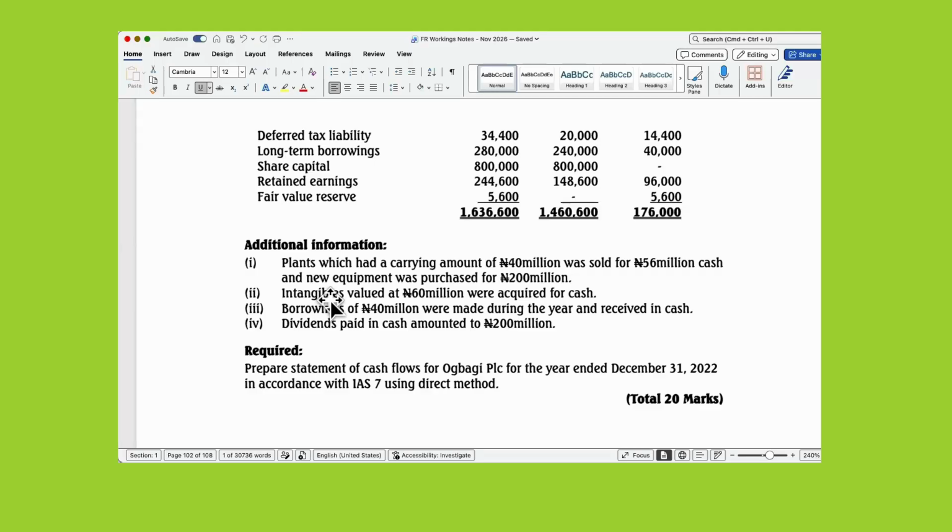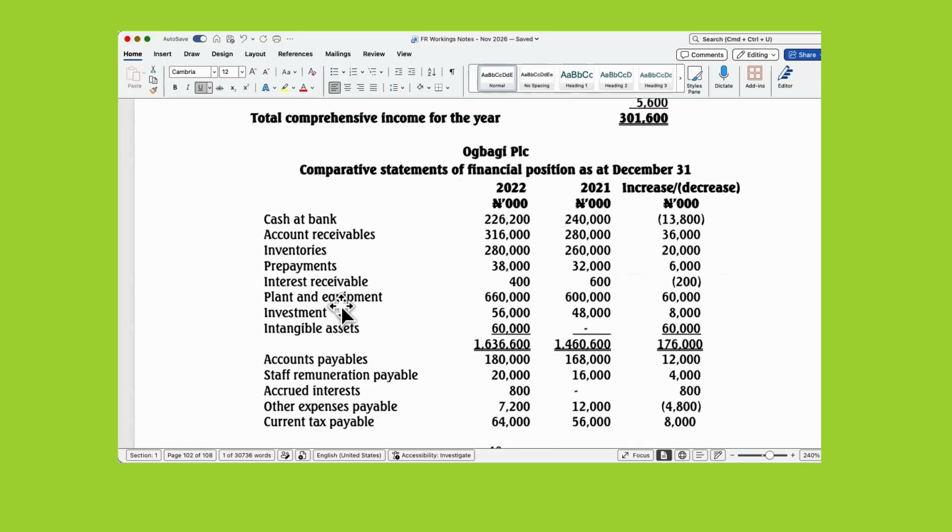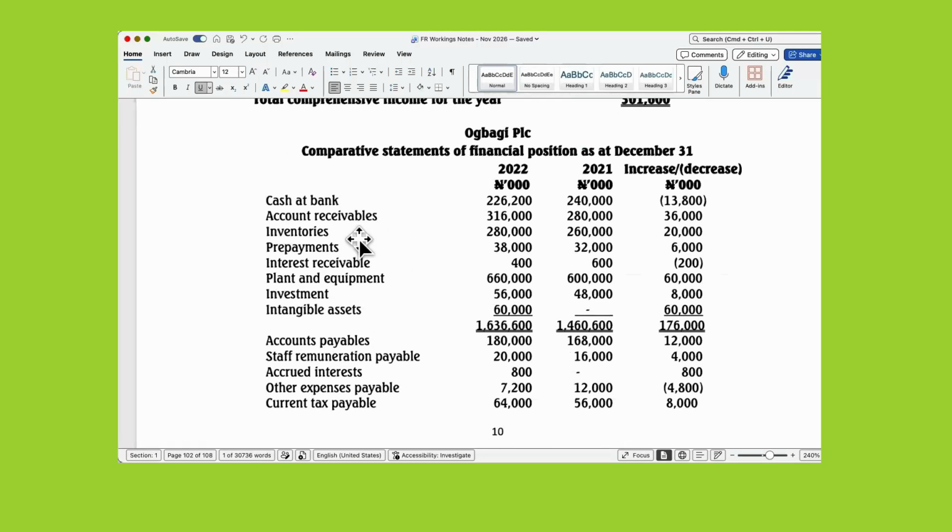Second note, intangibles valued at 60 million were acquired for cash. This one also, they have made my life easy. They have already told me. And if you look at the movement, it's matching. If you look at the last item under assets, it's intangibles. You will see that in 2022, it was 60,000.